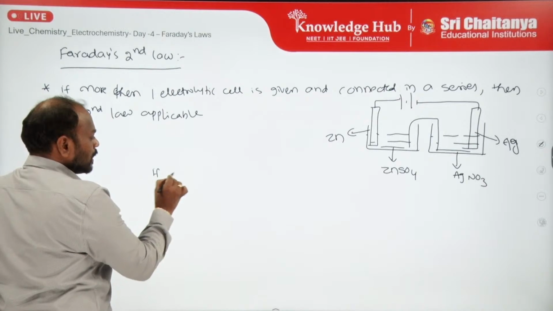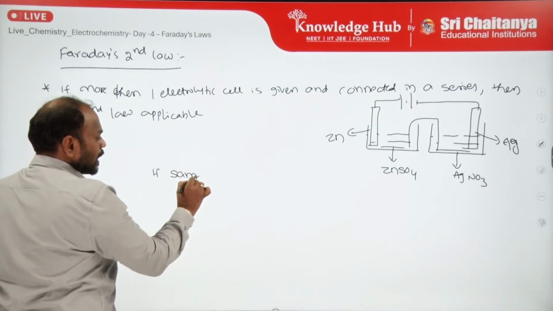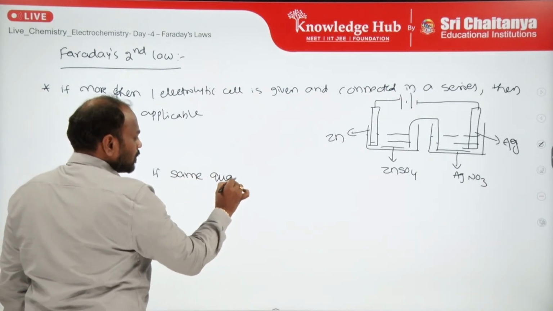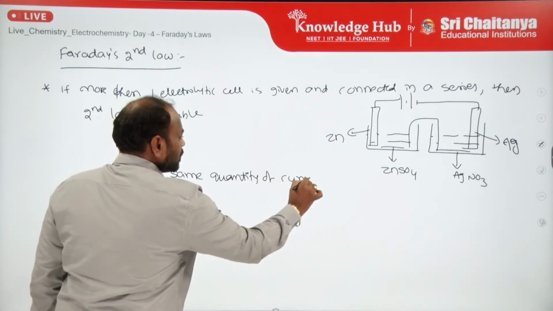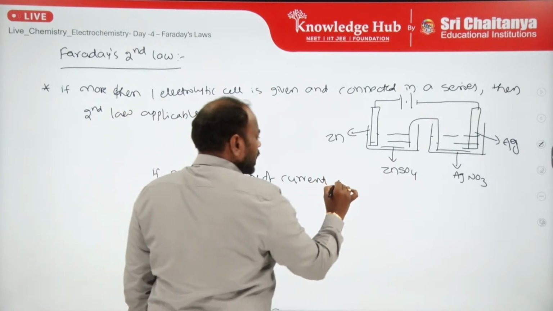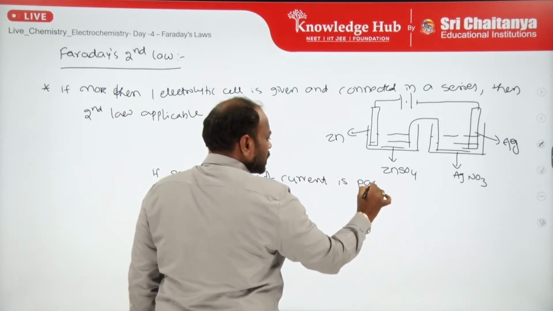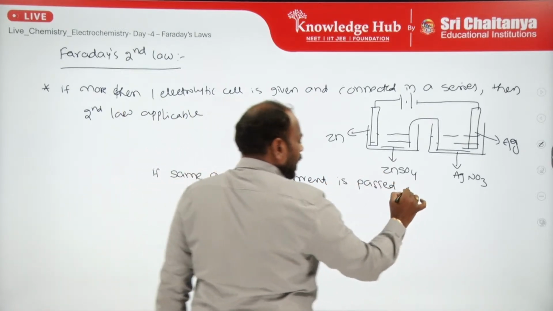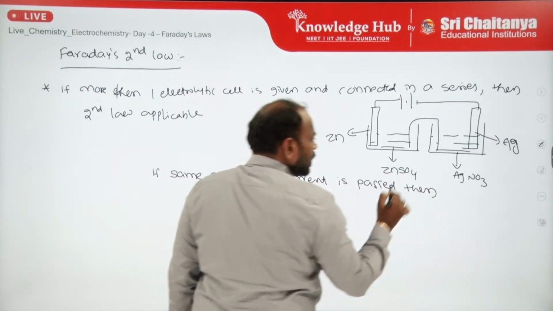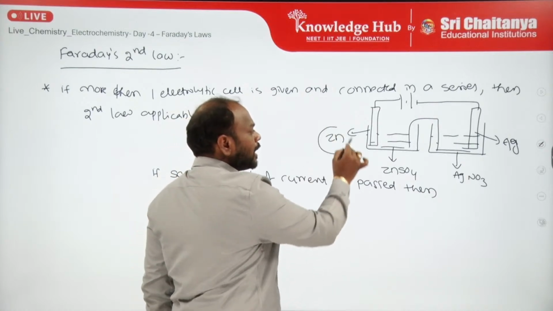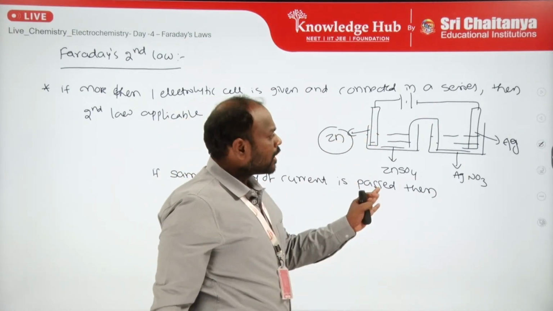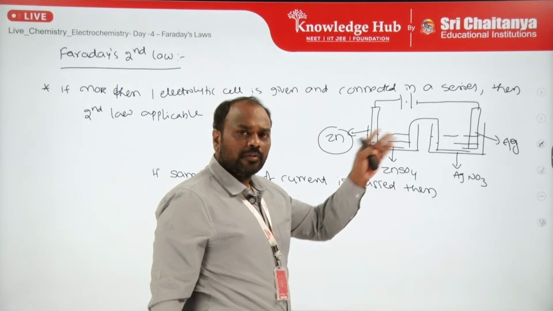if the same quantity of current is passed, then the amounts of substances are formed. Here which one is formed? Zinc is formed around the zinc electrode, and around the silver electrode, silver is formed.